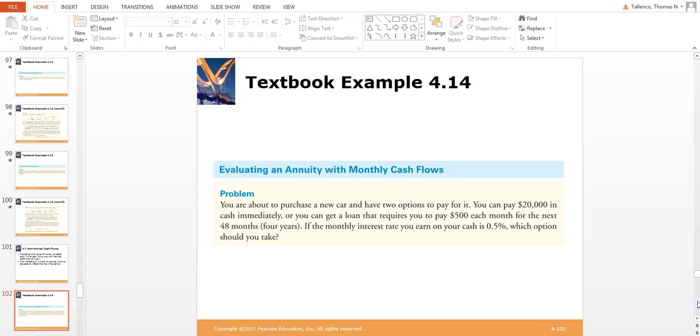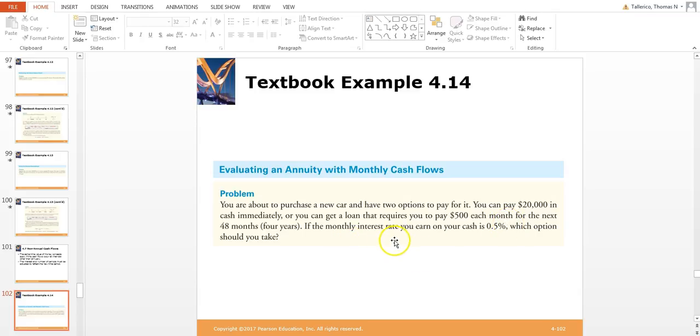And here is an example of an annuity with monthly cash flows. Basically, you can pay $20,000 in cash immediately for a car, or you can get a loan that requires you to pay $500 each month for the next 48 months.